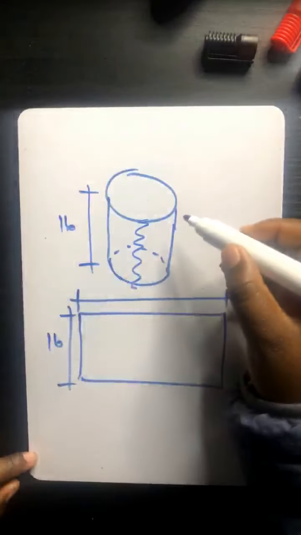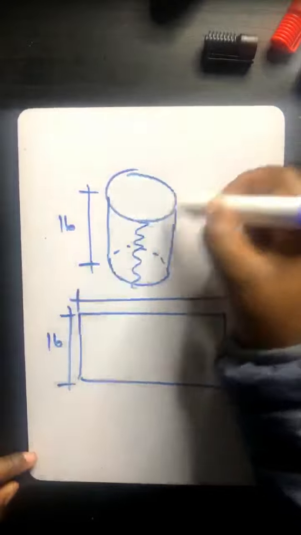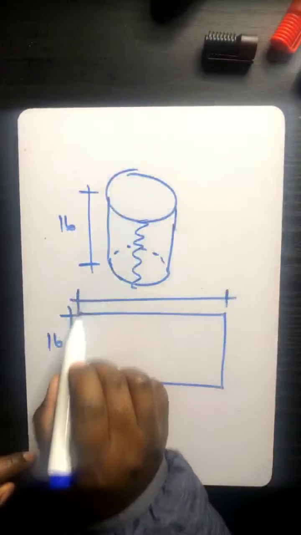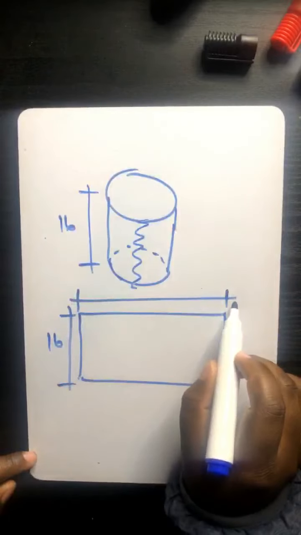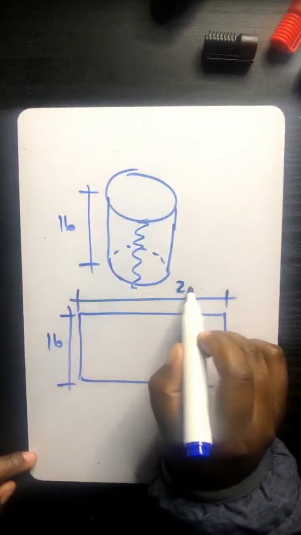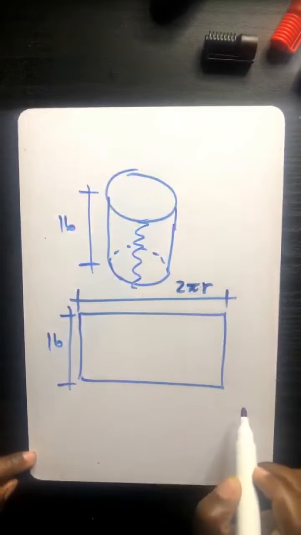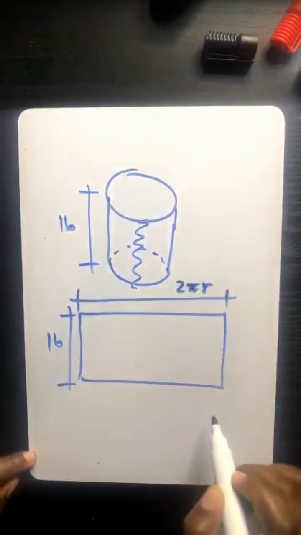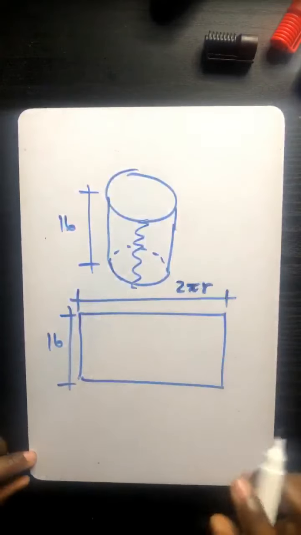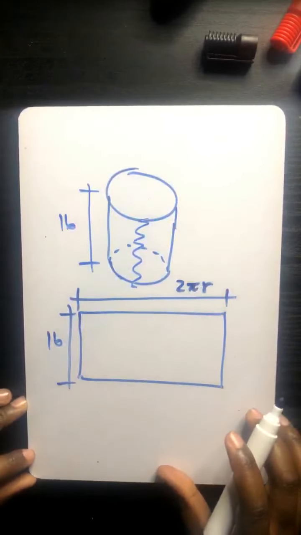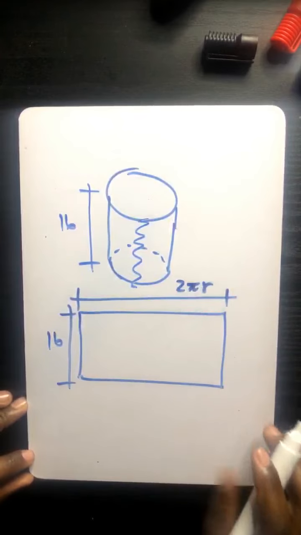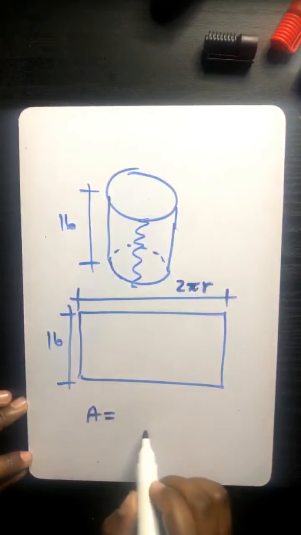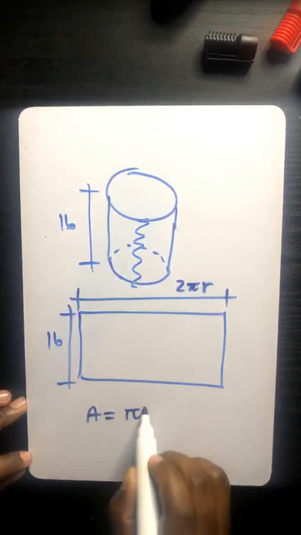If you uncircle a circle and straighten it, then the formula for that length, which comes from a circle, is actually 2 pi r. This is the formula for the perimeter. Let me tell you something, guys. For me, I like finding ways of cramming things. I know that the formula for the area is pi r squared.